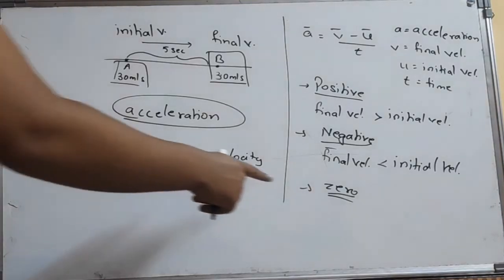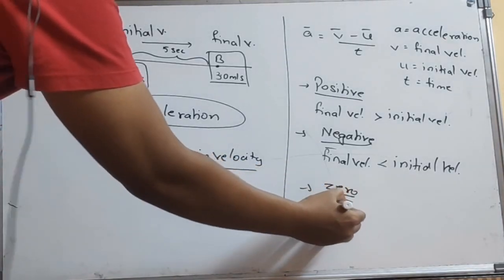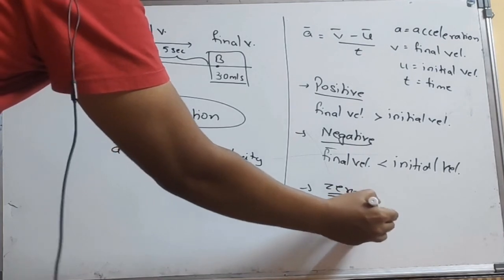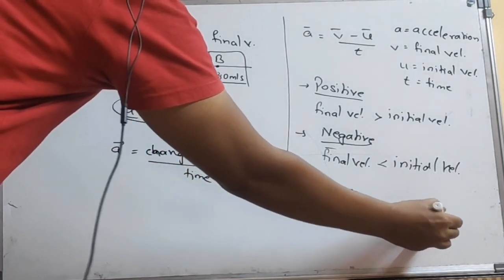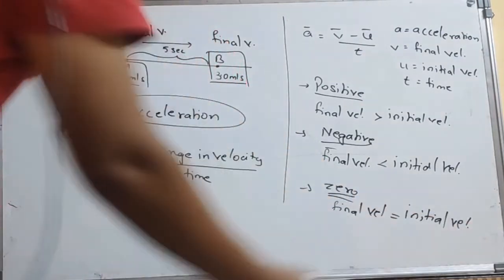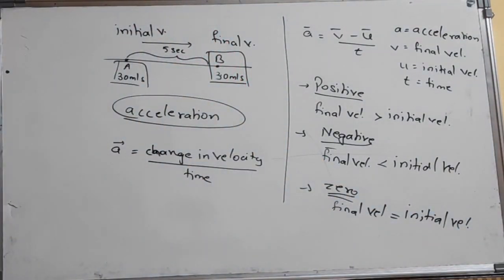So what happens over here in zero acceleration? The final velocity is equal to the initial velocity. Understood, students?